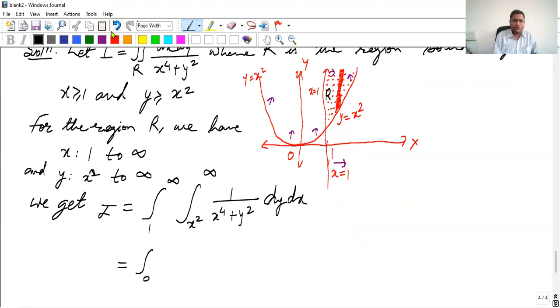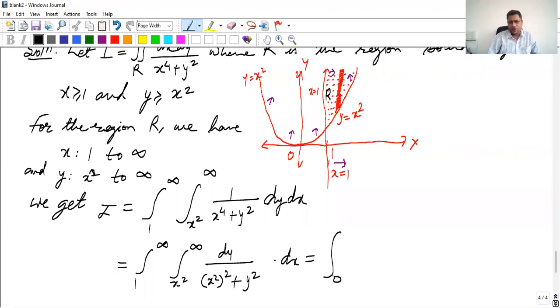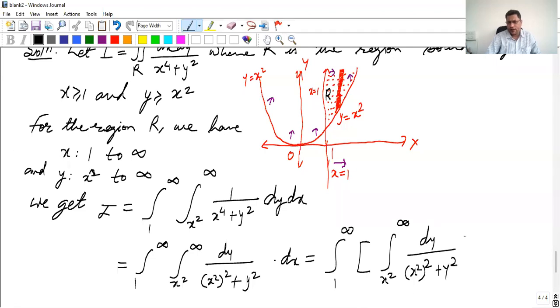Now evaluate this integral. Once you know the order of integration, we can evaluate. So 1 to infinity, x square to infinity, dy. We are evaluating with respect to y, so x is treated as a constant, and then we have dx. So this is the integral from 1 to infinity of the integral from x square to infinity of dy upon x square square plus y square, dx.